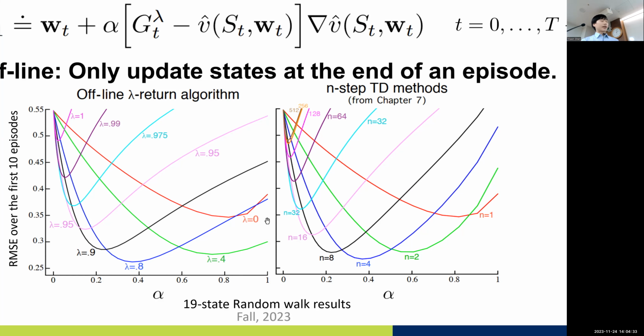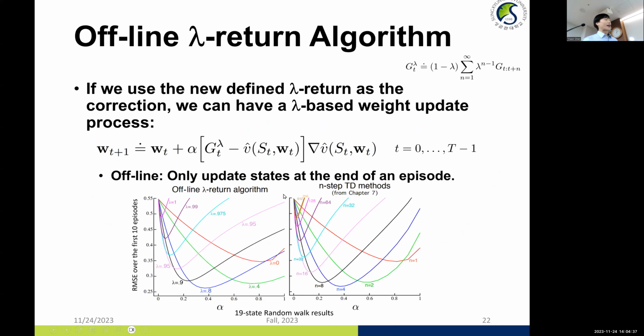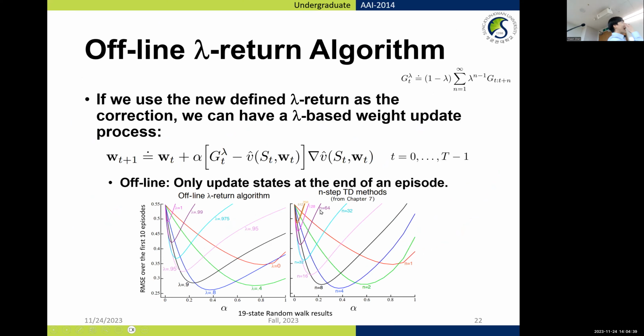Now we move to the next topic. When we look at this offline lambda return algorithm, offline means that we can do this update only at the end of the episode. So when the episode ends, we rerun from the beginning, W0, W1, W2, W3, W5 until the terminal state ends, so we need to update.